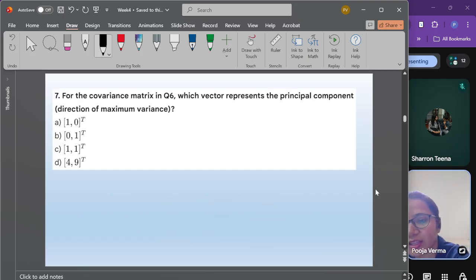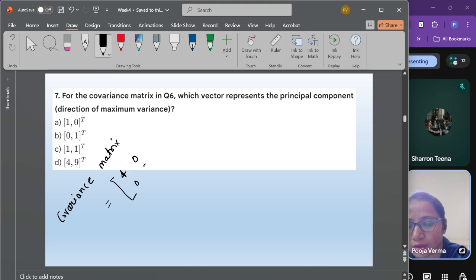This is our covariance matrix. So which vector represents the principal component direction of the maximum variance? The principal component corresponds to the eigenvector with the largest eigenvalue.